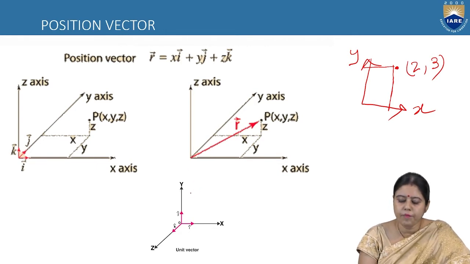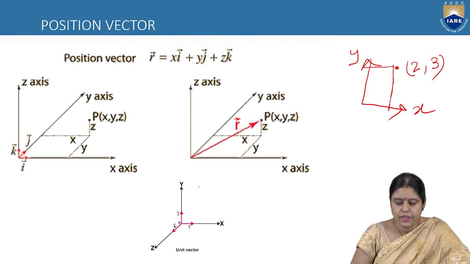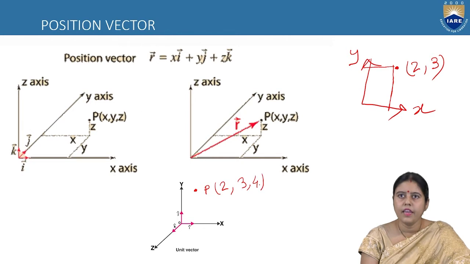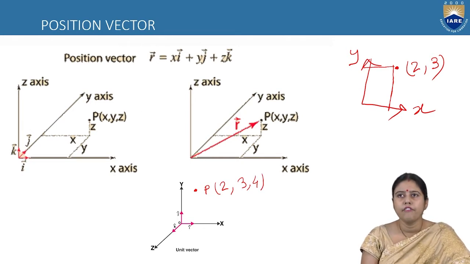Say in this figure we give one point P, with coordinates 2, 3, 4.